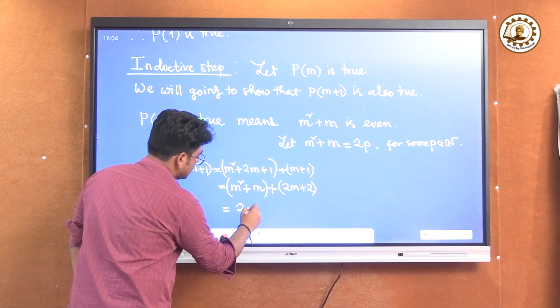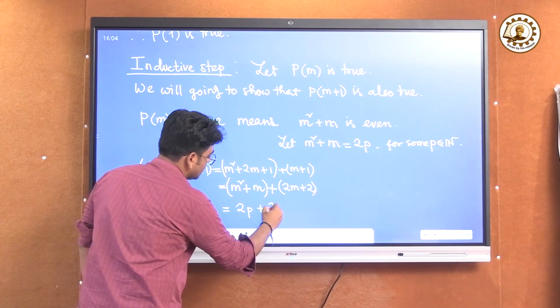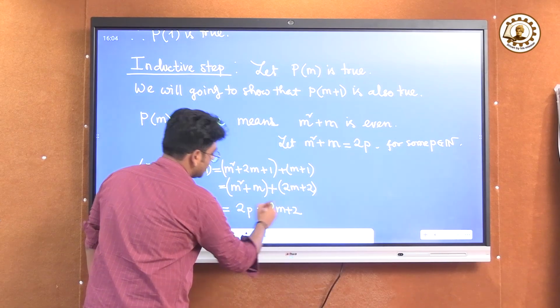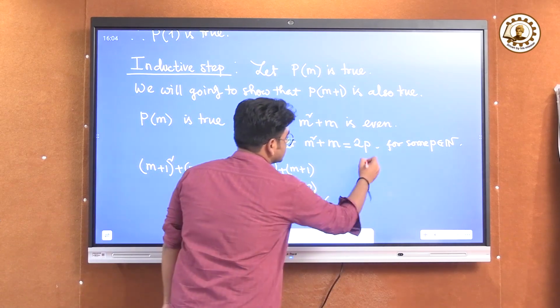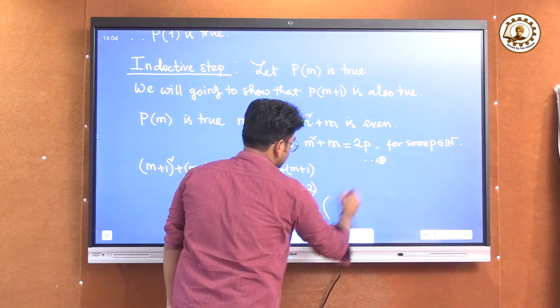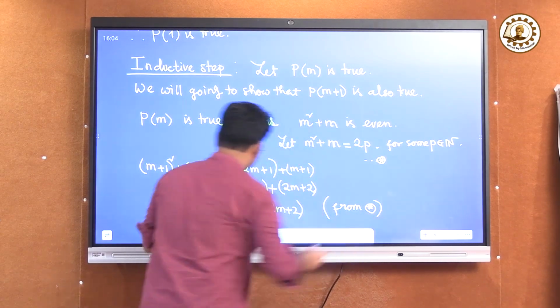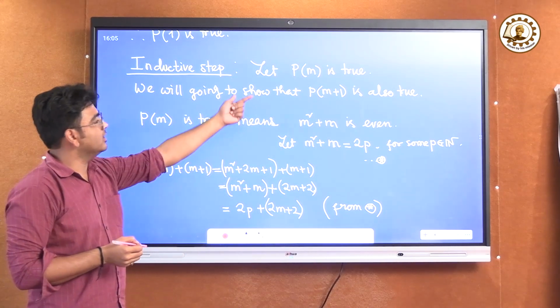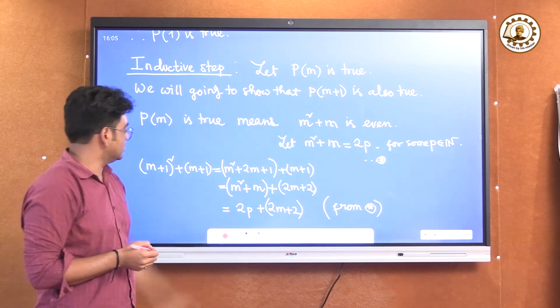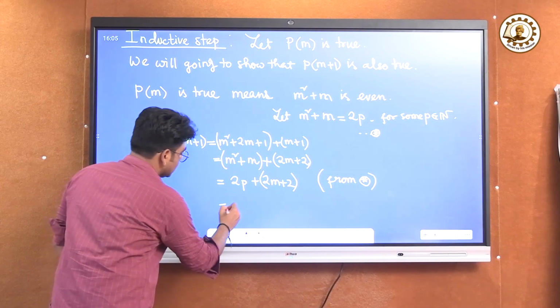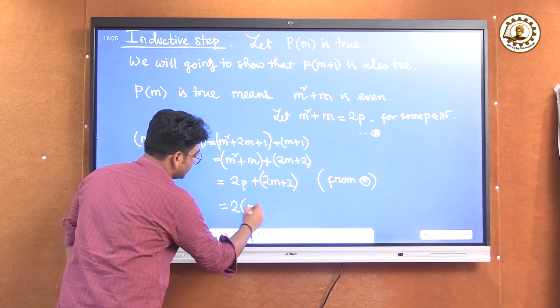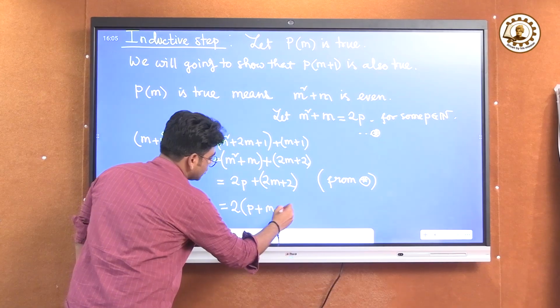Okay, so this is from the start. This is true because we have assumed P(m) to be true. Okay, now what is this? You can take 2 common and it comes out to be this.